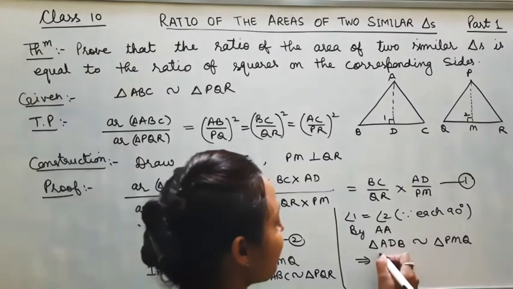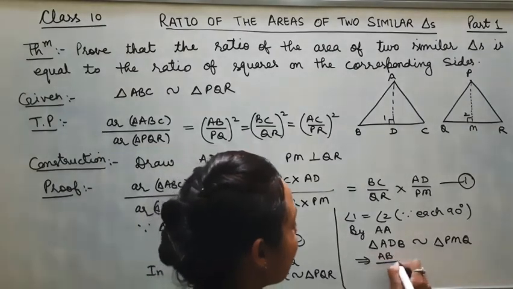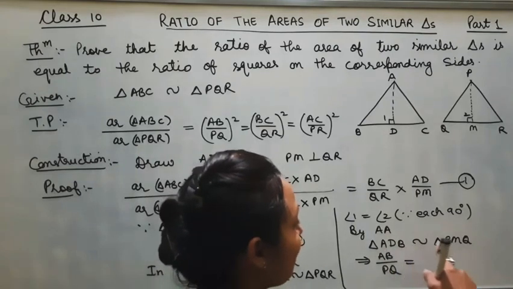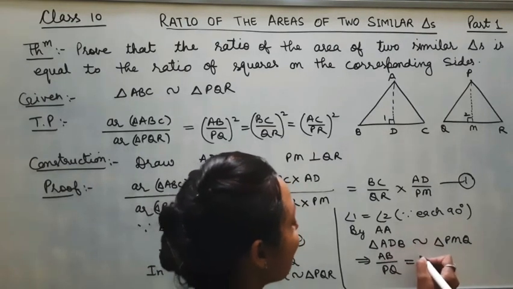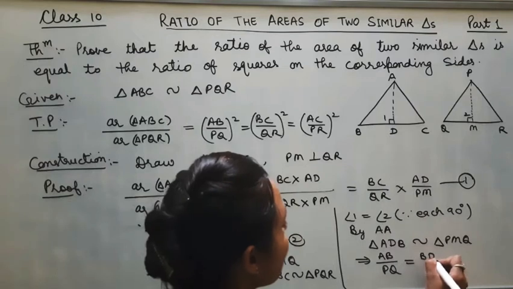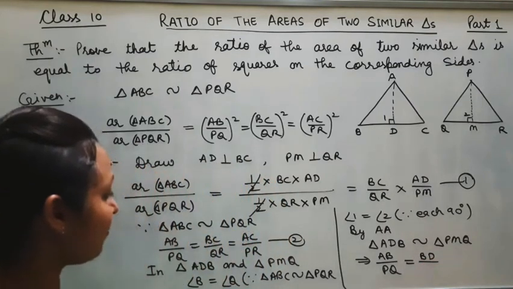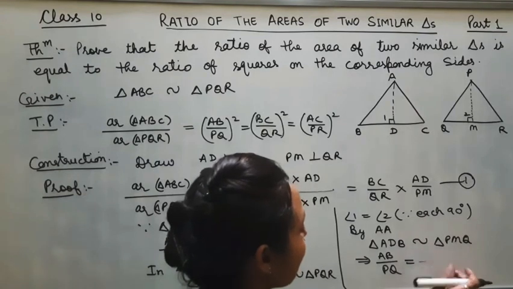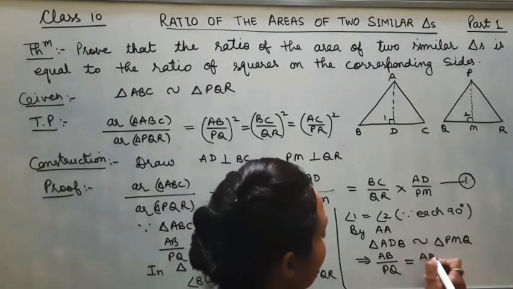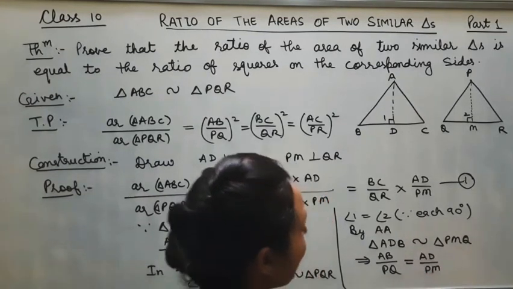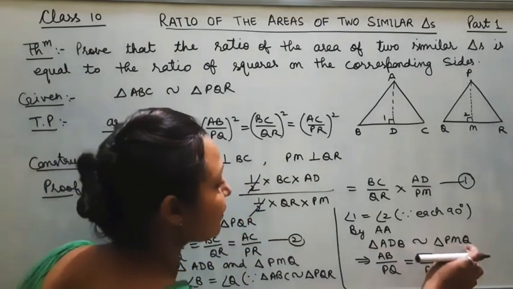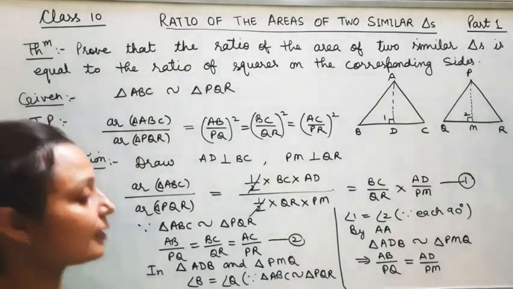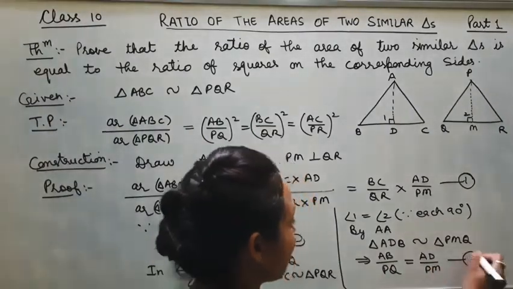So I will write AB upon PQ is equal to BD upon QN is equal to AD upon PN. This AB upon PQ is equal to AD upon PN. I will take it as equation 3.